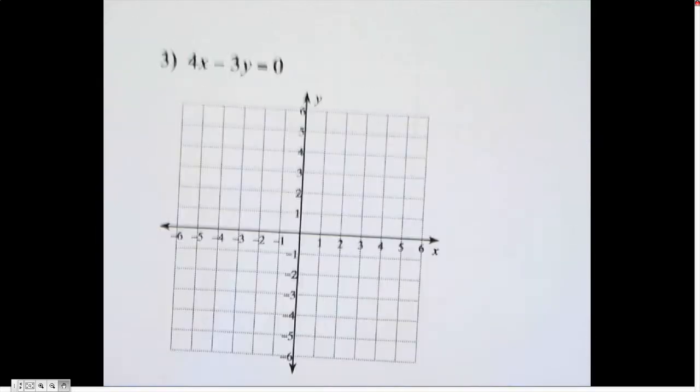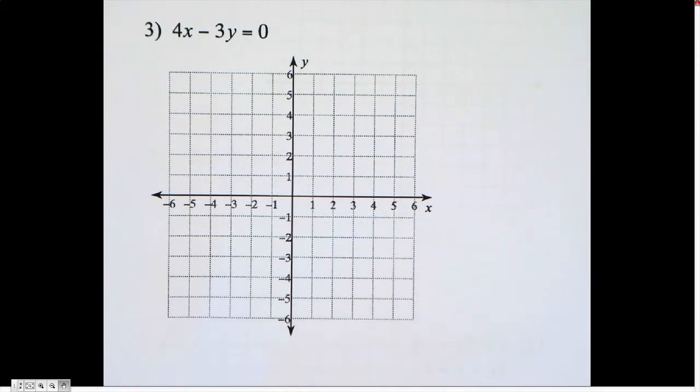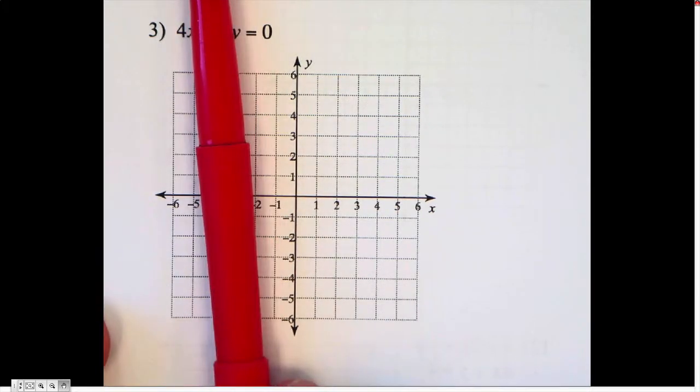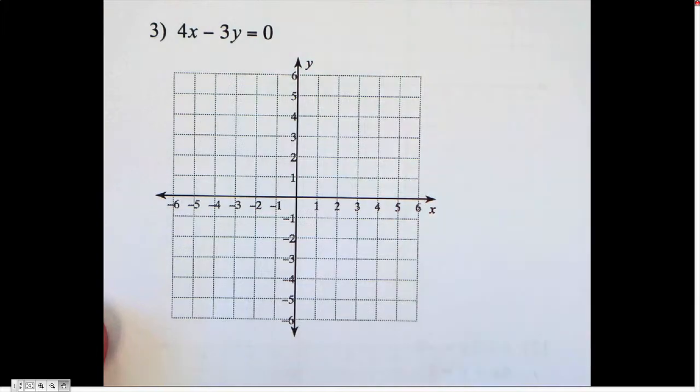Okay, number 3. 4x minus 3y equals 0. Now the trick here is if I divide 0 by anything, so if I cover up the y and solve 4x equals 0, divide by 4, that's going to be 0.